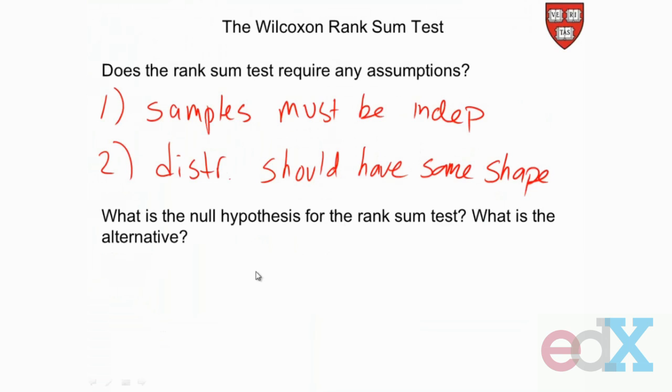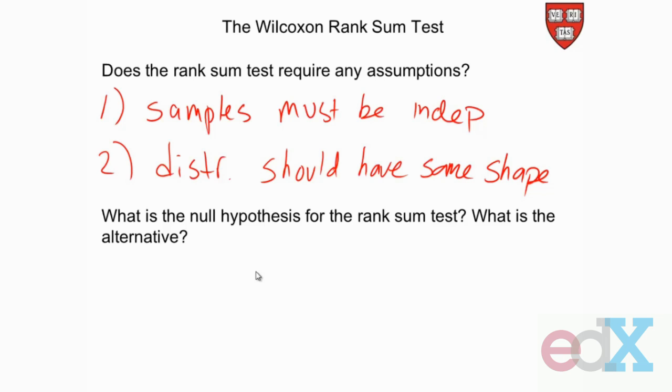Now what are the null and alternative hypotheses for the rank sum test? The null hypothesis is that the median number of hospitalizations for the two treatment groups are equal. And the alternative is that the median number of hospitalizations for the two treatment groups are not identical.